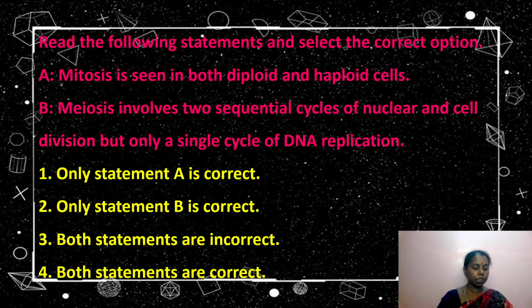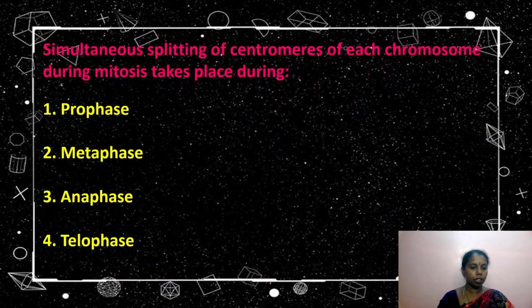Excellent, Jeevan. Yes, Tarunika and Tilak, both the statements are correct. Excellent. Yes, both the statements are correct is the correct answer. Excellent answer by you all. Yes, Lakshita, it is 3. Very correct answer.